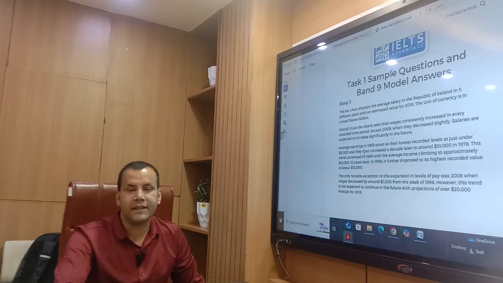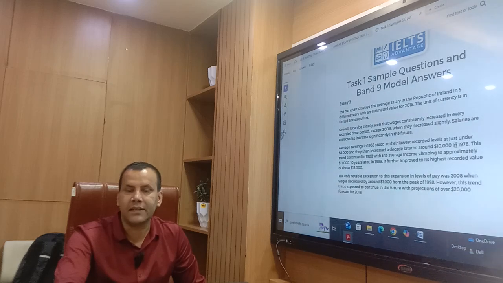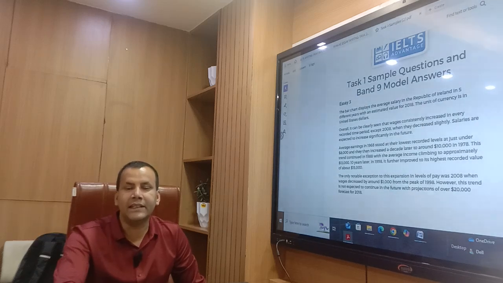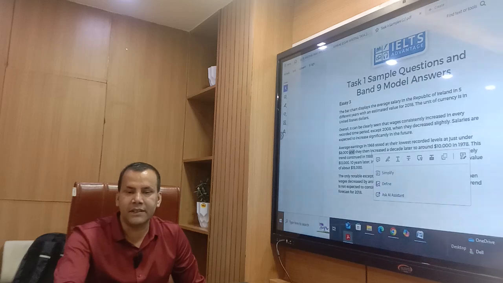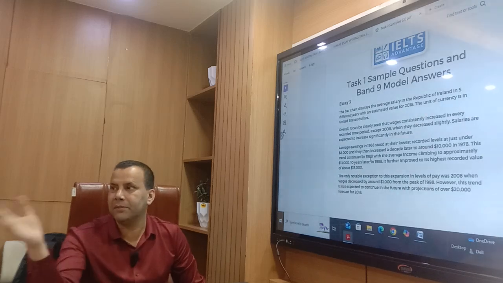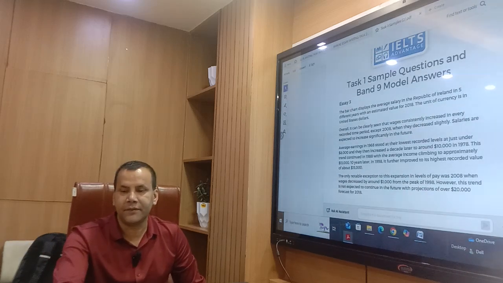Average earnings in 1968 stood at the lowest recorded level at just under $8,000. You have seen the bar graph, and then they increased a decade later to around 10,000 in 1978. So 8,000 and 10,000 in 2 different years.